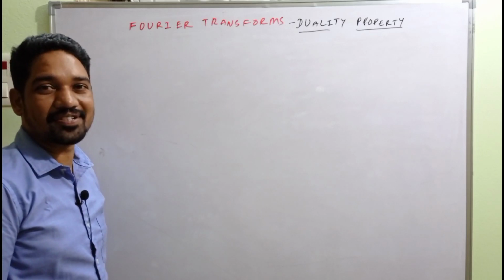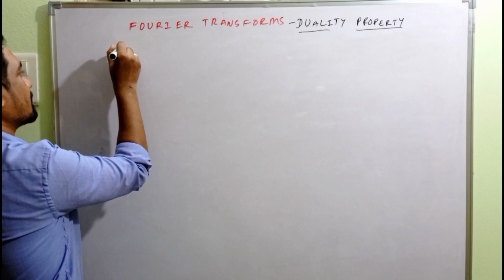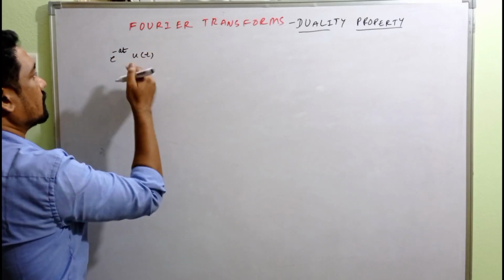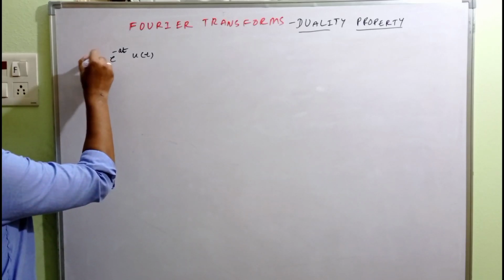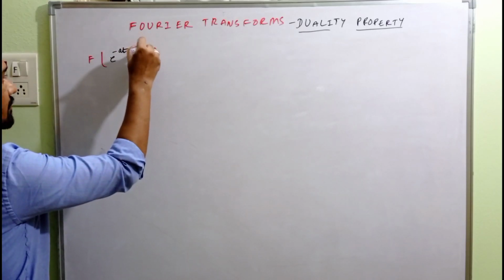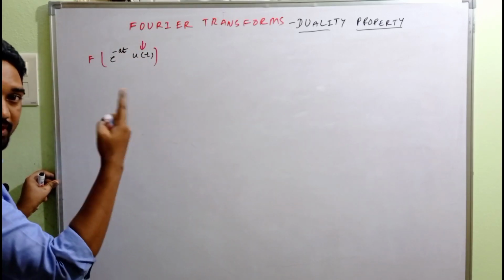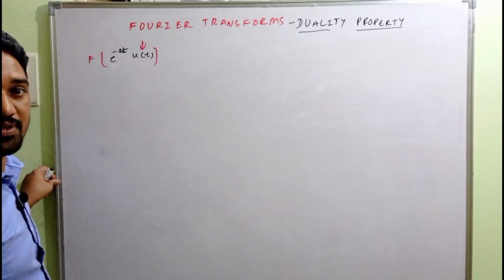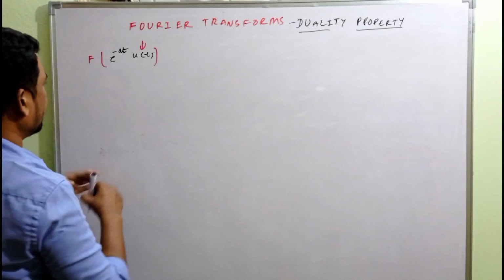Now what will be the Fourier transform of the signal e raised to minus a t u of t? What if we have to evaluate the Fourier transform of this one? This has got a significance, isn't it? It's a step function extending from t equal to 0 to infinity, so when the signal is multiplied with this, the limits of integration change.